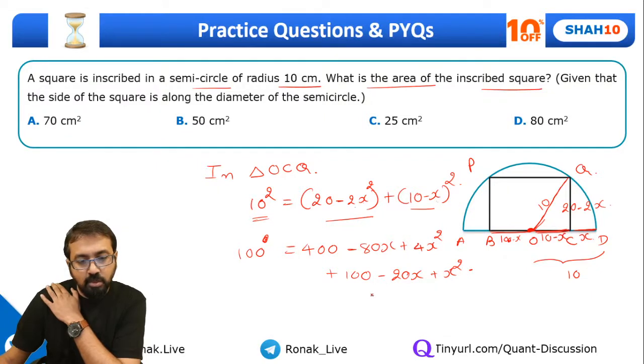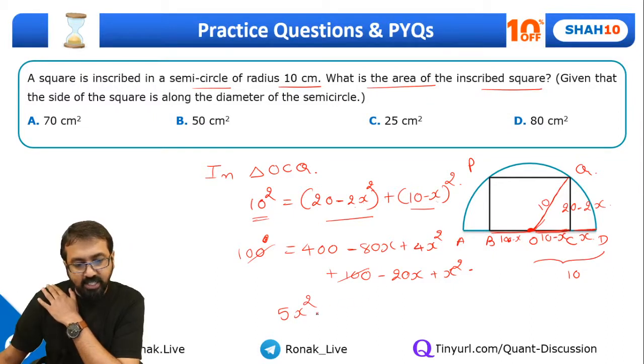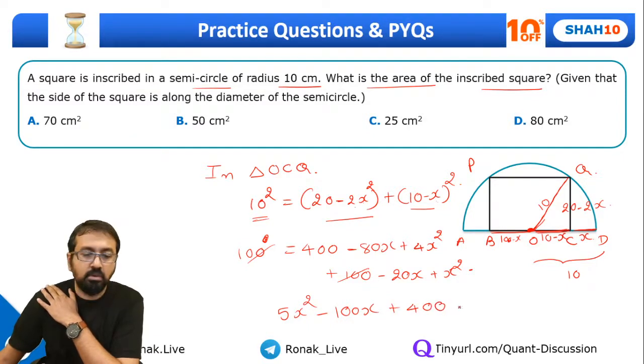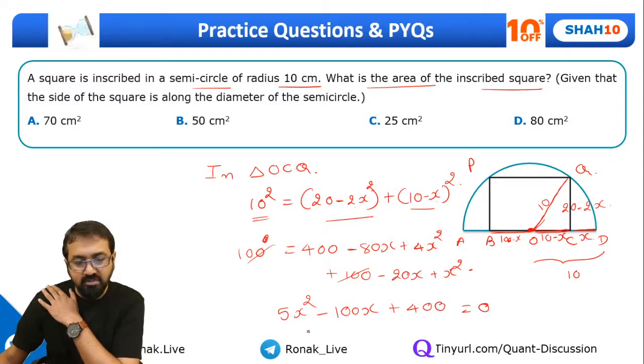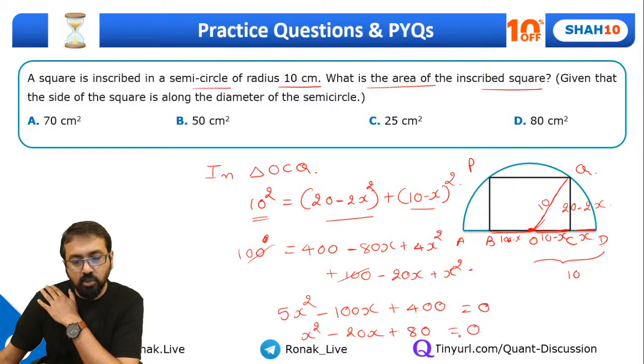So this will come out to be what? 400 plus 100, it's 500 minus 100, so it will be 400, and then this 4x square plus x square, so it is 5x square minus 80x minus 20x, it's minus 100x plus 400 is equal to 0. If you just divide by 5, you will get x square minus 20x plus 80 is equal to 0.